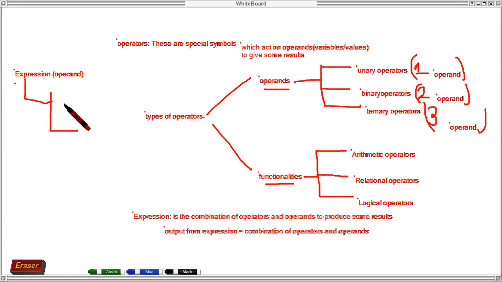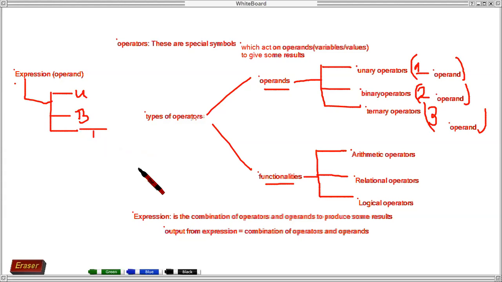Why? Because the total number of operands will decide what kind of expression you are forming. So it can be unary expression, binary expression, and ternary expression.